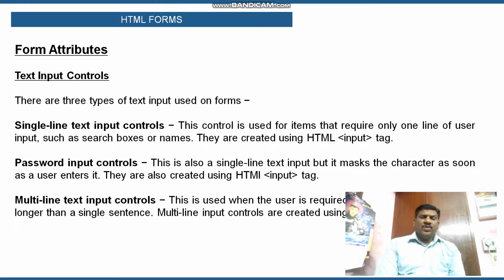When you give your address, it is going to be multi-line. The text will not be in a single line. For that purpose, you have to select a multi-line text box input control. Similarly, if you give a password, that password should not be viewed by other persons.